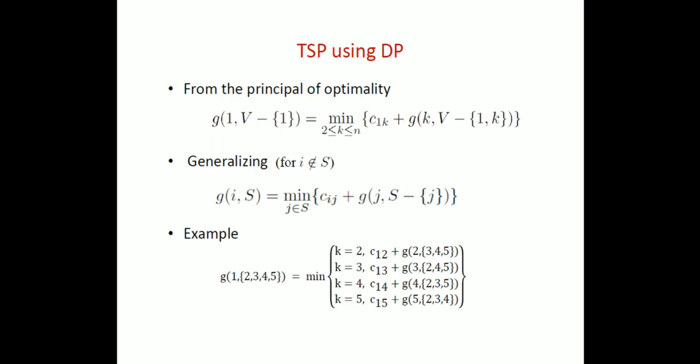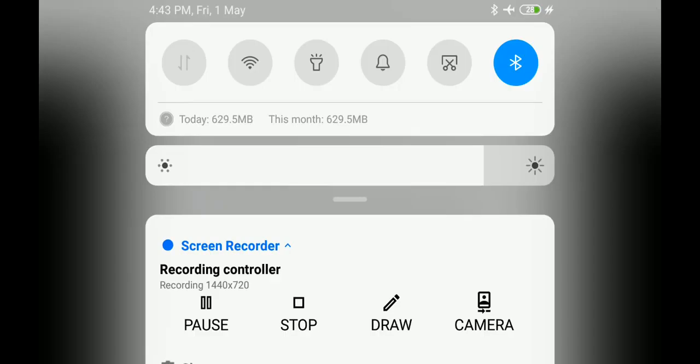And it is clearly noted that the function g(i, null) is equal to Ci1, where i ranges from 1 to n. Null means that Ci1 is the cost of an edge from vertex i to vertex 1.